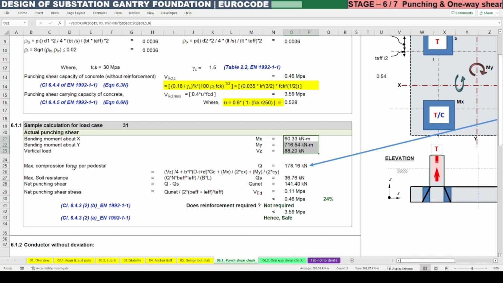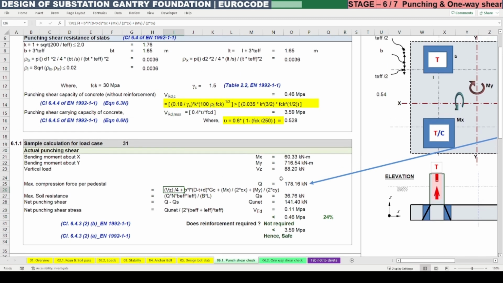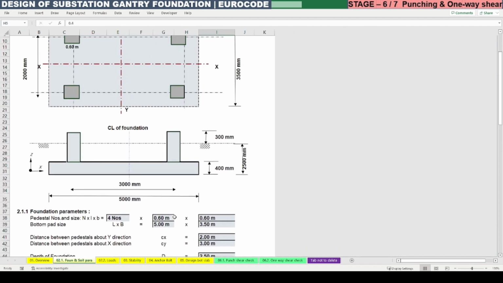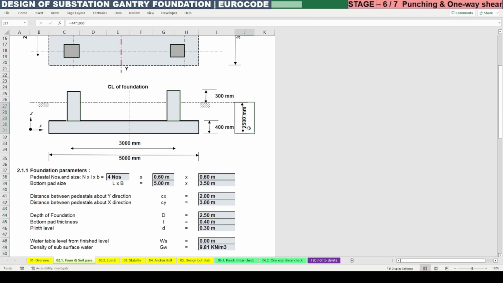And the maximum compression force per pedestal is nothing but Vz by 4. So we are dividing the entire downward load for load case 31 by 4. So that will be the vertical compression force plus the weight of the column. So here B and L are the size of the column, and (D minus T) plus d, where D is the overall depth of the foundation below ground level, which we have calculated here as 2.5 meter.